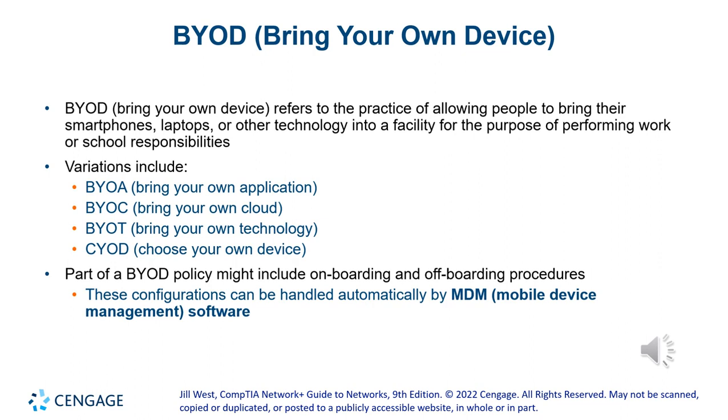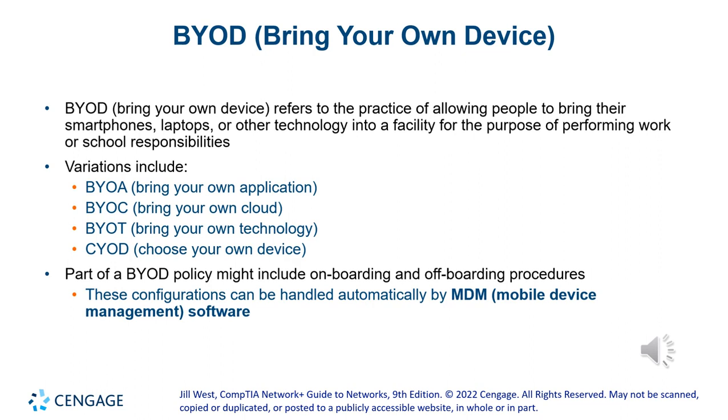So you can have bring your own application, bring your own cloud, bring your own technology, or choose your own device. So these are variations of the same concept of bring your own device. If you want to protect your enterprise or your network, then you have to do some onboarding and offboarding procedures.